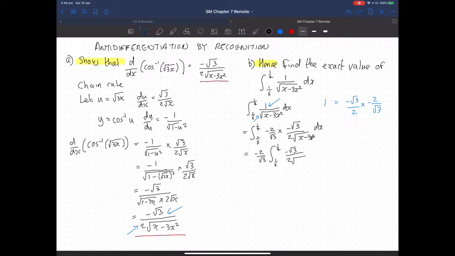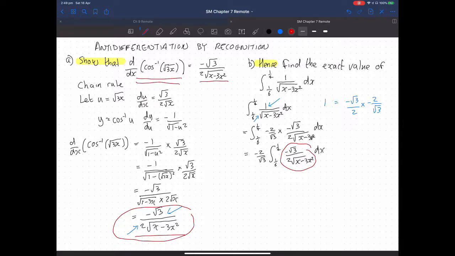This has now become a much easier question to solve because we know our answer from part A and what we now have in the integral sign are the same. So what that tells us is if we differentiate the inverse cosine of the square root of 3x, we get our answer to part A. So if we anti-differentiate our answer to part A, it takes us back to the original.